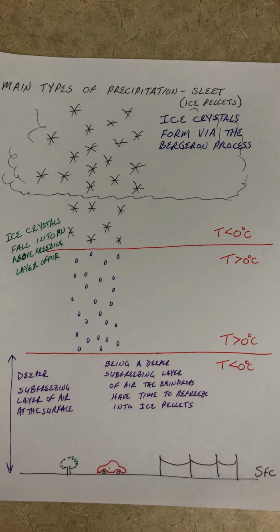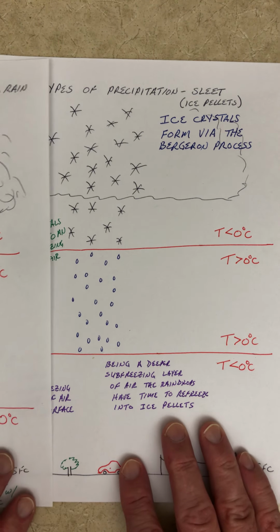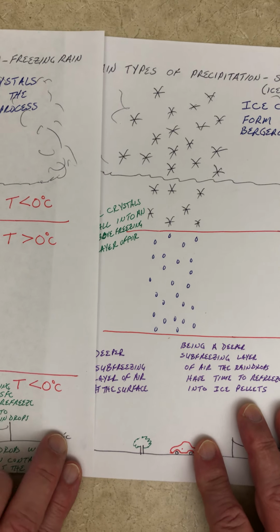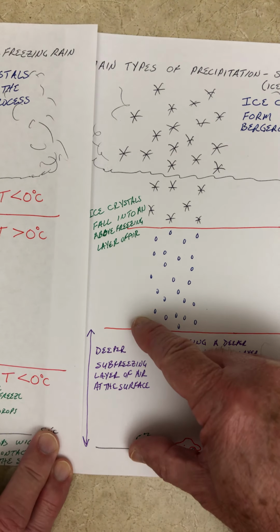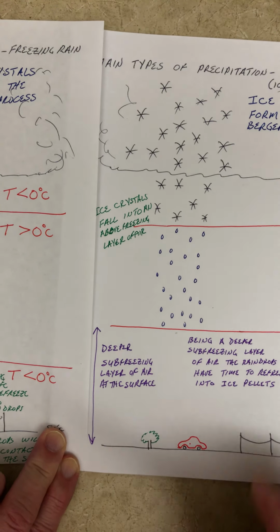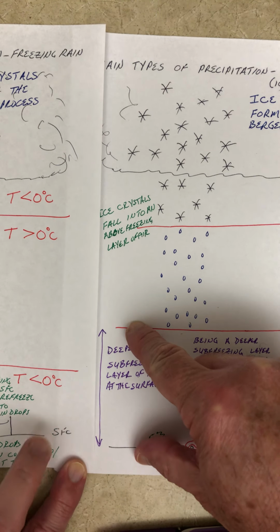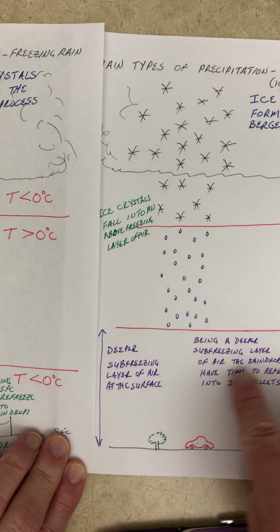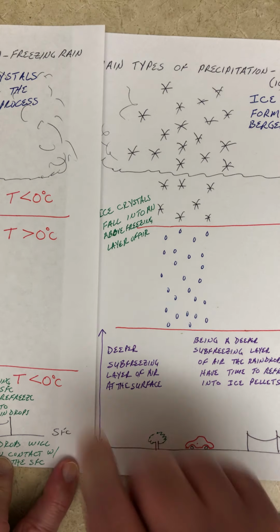Okay, so if I bring in the previous figure here, you'll notice that the big difference here is this sub-freezing layer of air. So with sleet, you've got a much deeper sub-freezing layer of air that's in contact with the Earth's surface, which gives the raindrops time to refreeze into ice pellets.